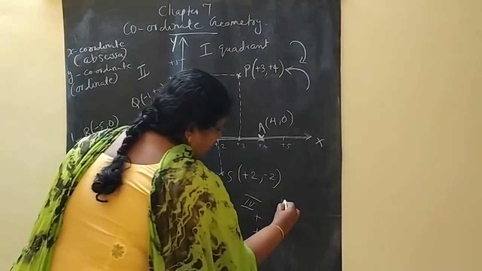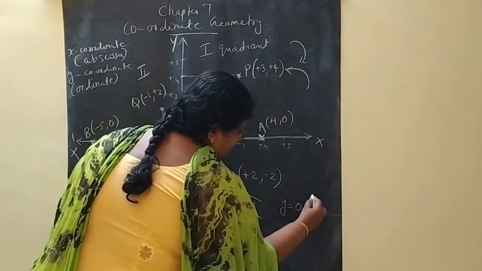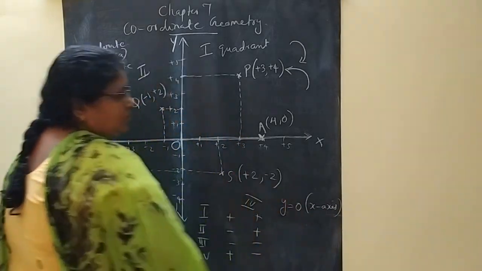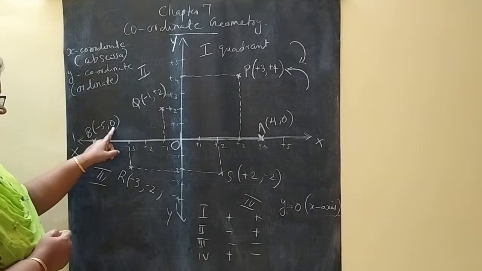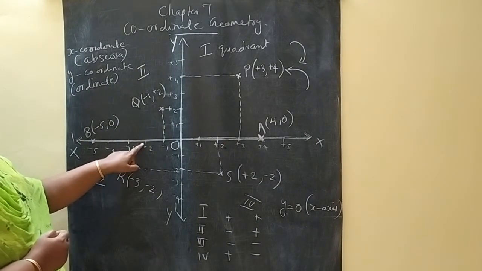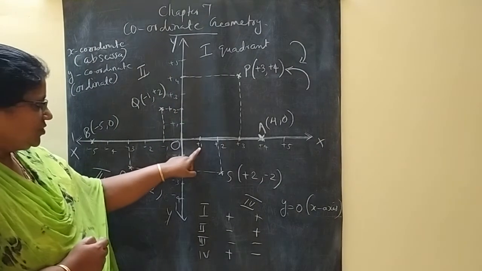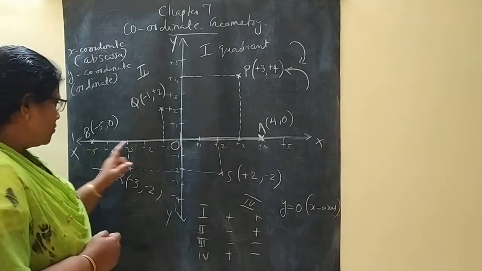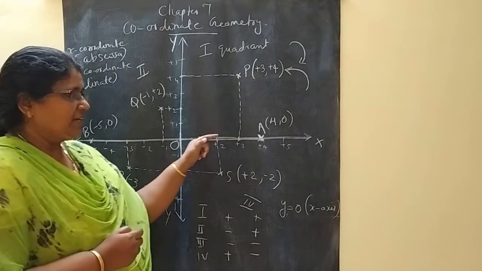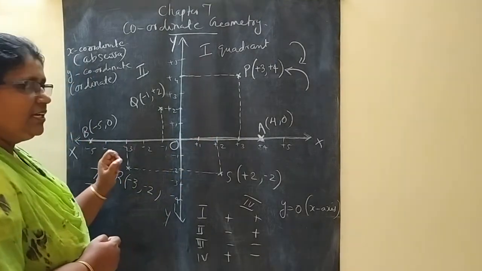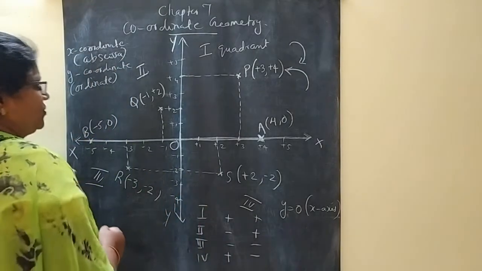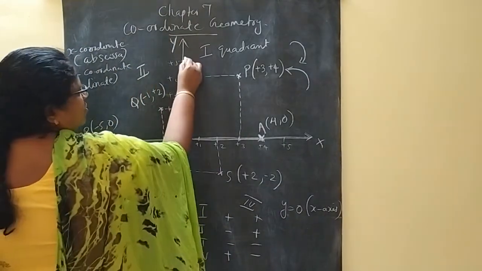So, y equal to 0 is called the x-axis. Y equal to 0. Y coordinate 0. What is this point? -2, 0. What is this point? 1, 0. What is this point? 3, 0. So if we take any point on the x-axis, its y coordinate is 0. So y equal to 0 means x-axis. Then what is this point?